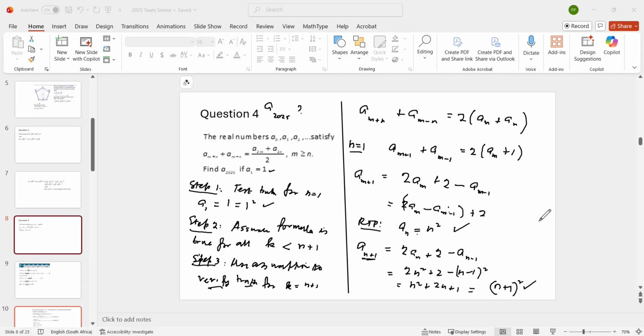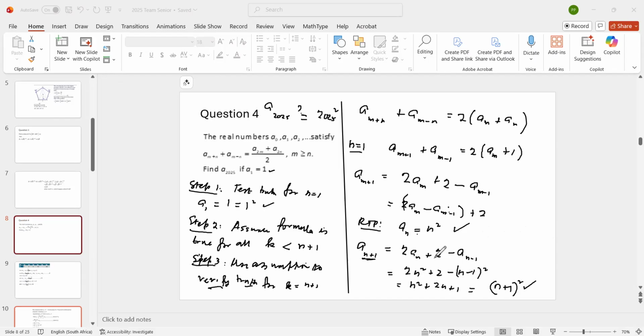Right? So we verified the truth for n plus 1, we have done it, and therefore we can conclude that a_n equals n squared for all possible values of n, and in particular, a subscript 2025 is the square of 2025. And you see, we didn't guess, we just suspected that the formula is that the nth term is n squared, but we only checked it for n going up to 6.